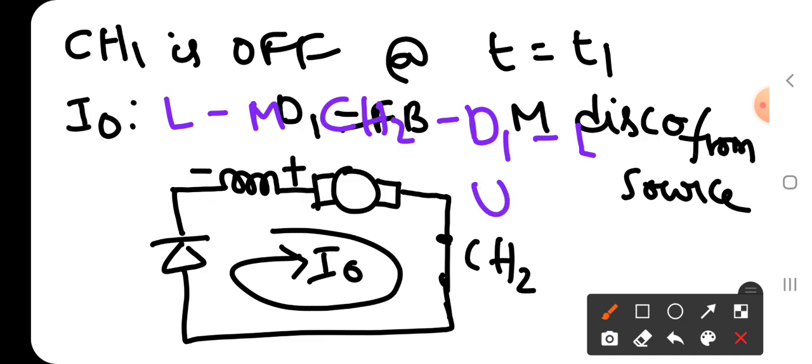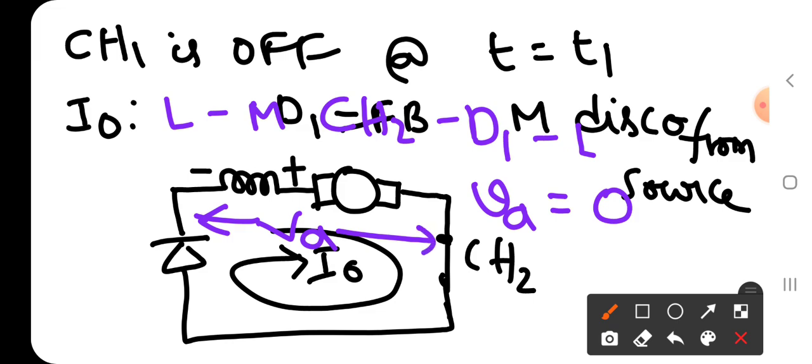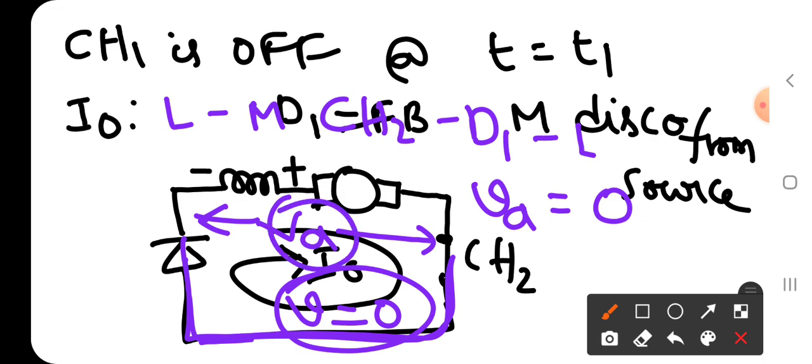Okay. Here, what is the motor input voltage? VA is equal to 0, because this is VA. It is the voltage across the diode and this. So all are short circuit only. If it is short circuit, here the voltage is equal to 0. The same voltage appears across VA.